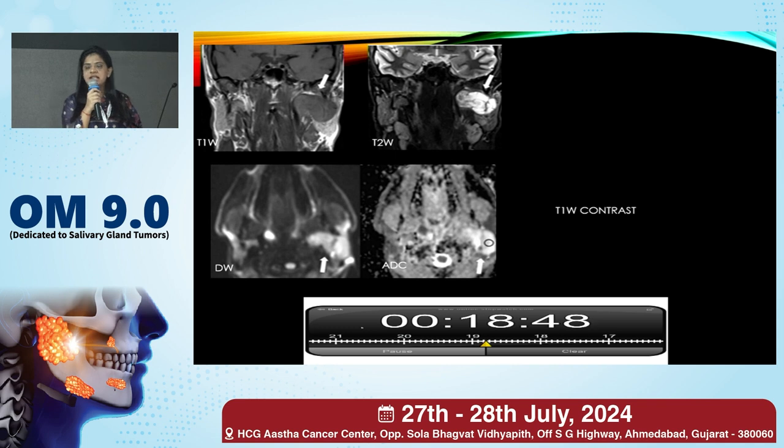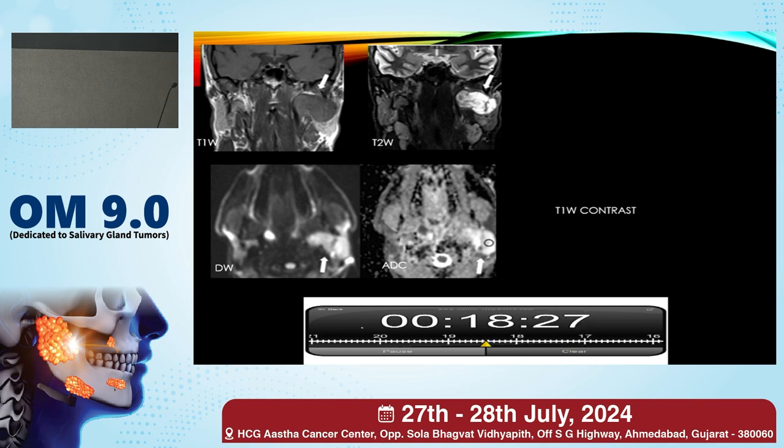Next, we did an MRI. On T1 weighted images, we see that the lesion is very well defined, it has a lobulated margin and it is hypointense.